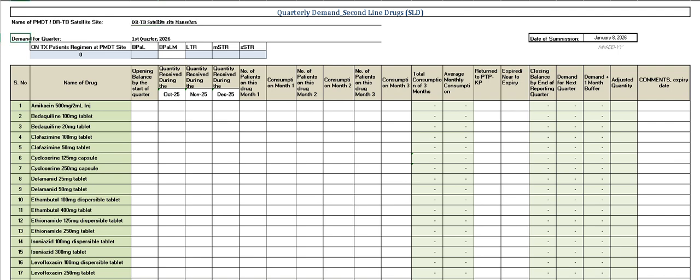Next step is the demand for quarter. You have to enter the quarter and year for which the drug is going to be demanded. So this is the first quarter of year 2026.